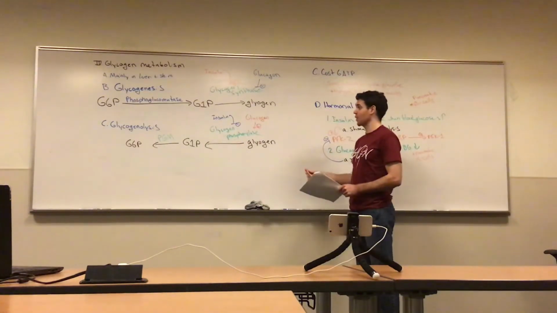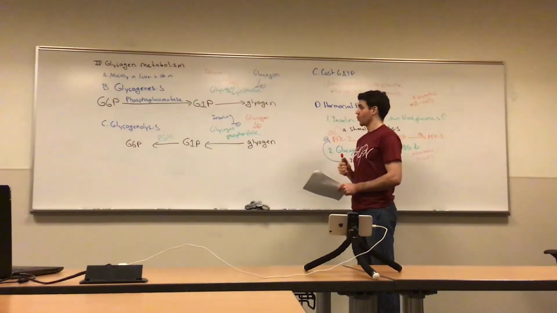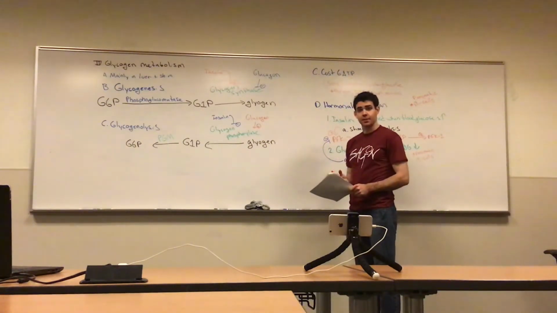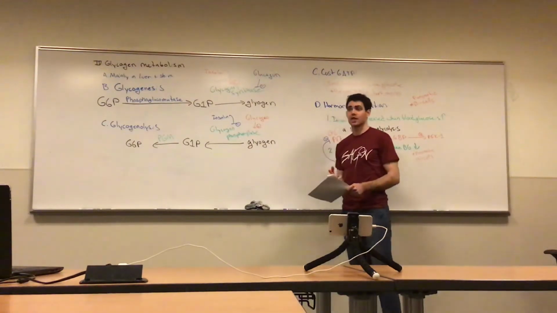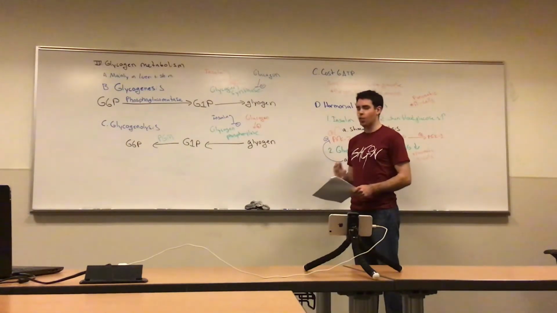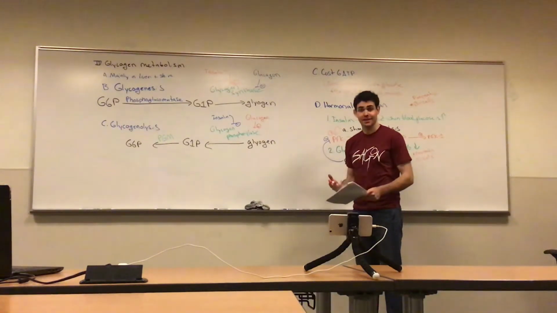So let's think about when we want to break down glycogen. Like exercise, right? And in the ancestral environment, exercise meant running from a tiger. What other hormone are we going to release in that stressful situation? Is it adrenaline? Adrenaline, exactly.